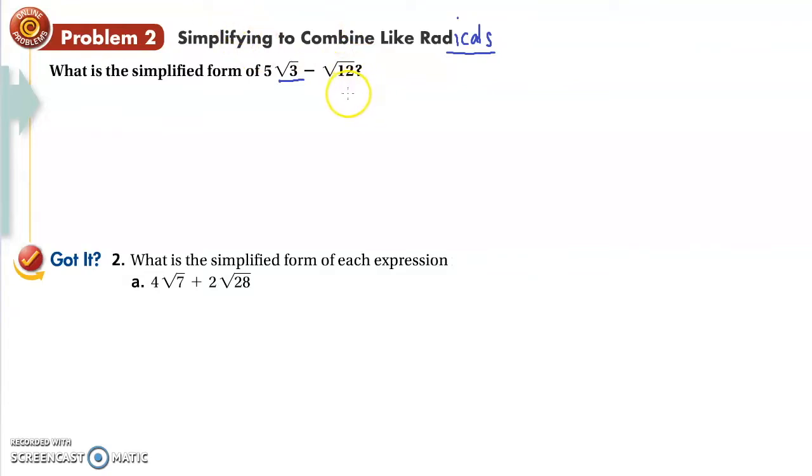In fact, what we learned last lesson is that square root 12 is the same thing as the square root of 4 times 3, which is the same thing as the square root of 4 times the square root of 3, which is the same thing as 2 square root 3. So really, this whole problem can be simplified and rewritten as 5 square root 3 minus 2 square root 3.